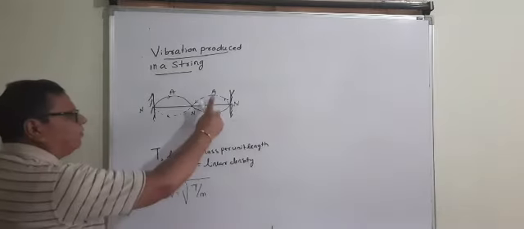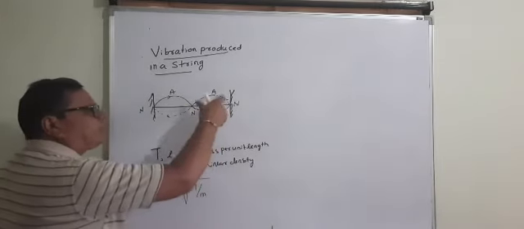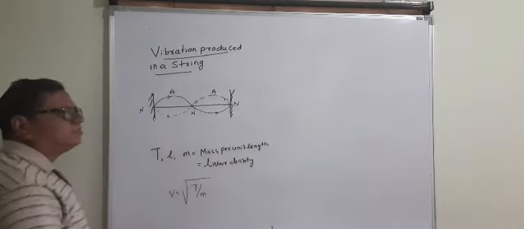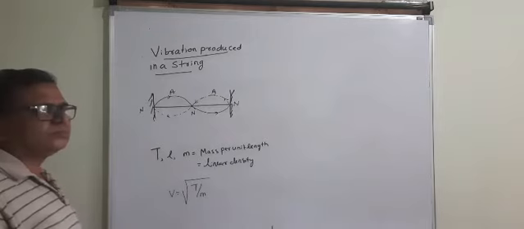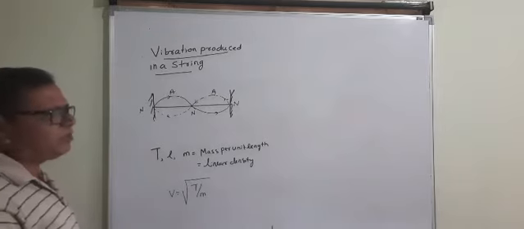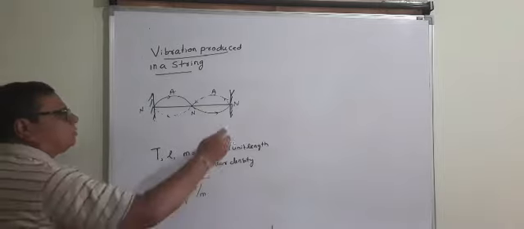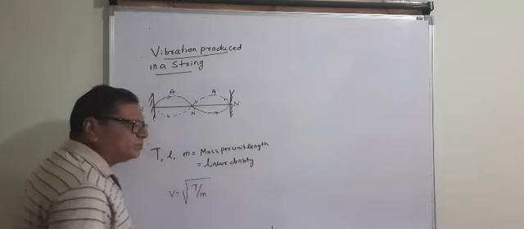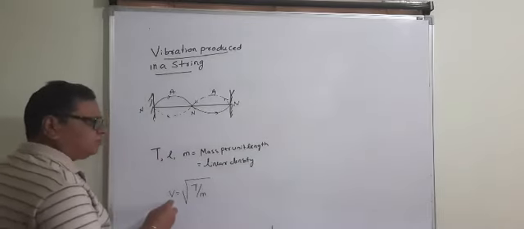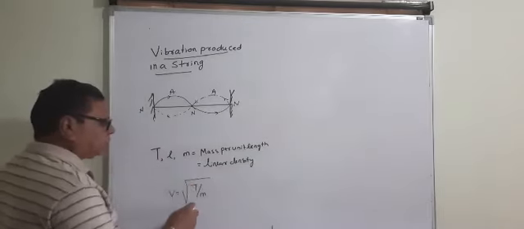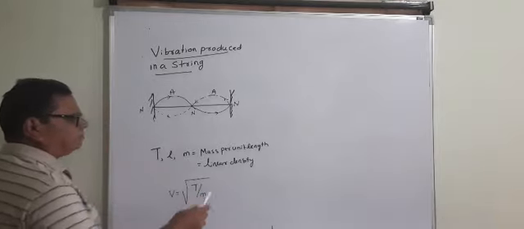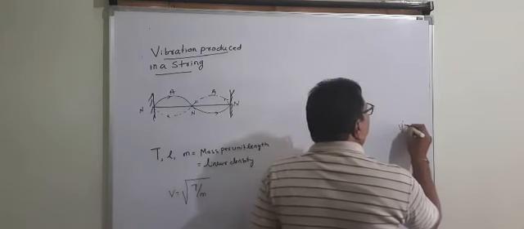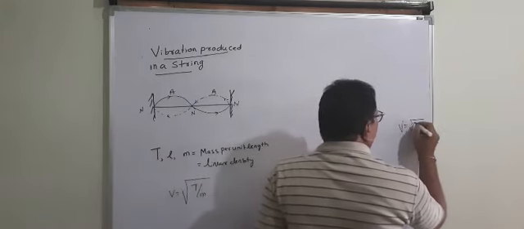The reflected wave and incident wave interfere with each other, and stationary waves are set up in the string. The boundary condition suggests that a node is always formed at the fixed point and an antinode is in between. The velocity of transverse wave in a stretched string is given as V is equal to under root T by m. This you have to remember.